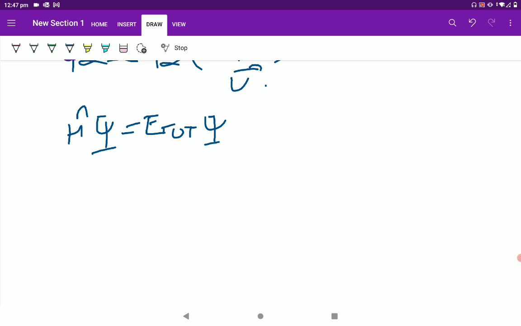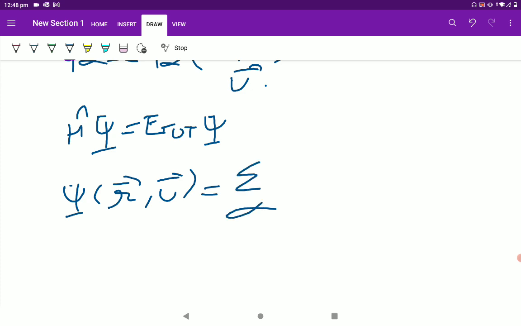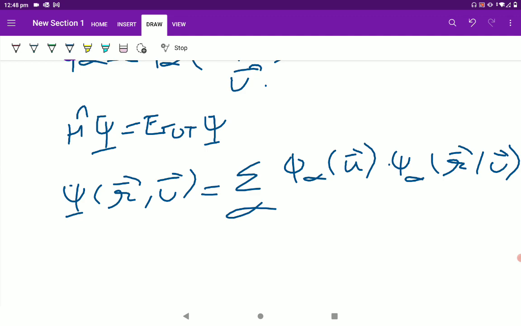So we write the total wave function as a linear combination of some coefficients which depend only on all the displacements of ions, multiplied by the electronic function. That is in this fashion. Now we put the above equation in this equation and we neglect some non-adiabatic terms.